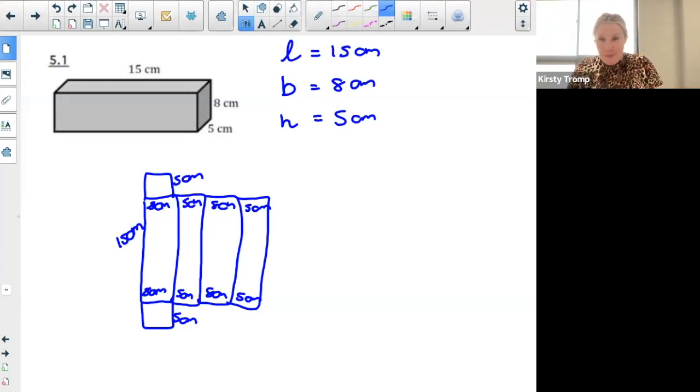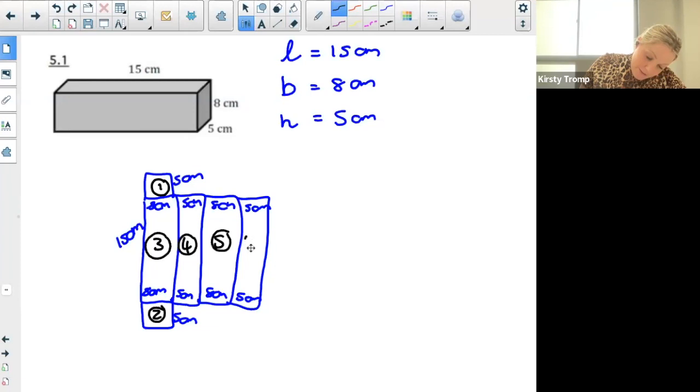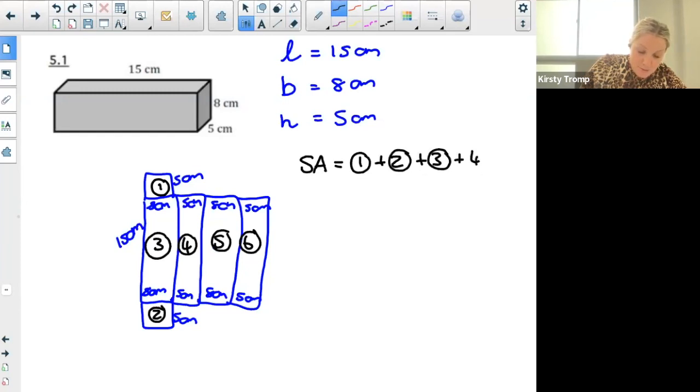Okay, so now I tell myself this is block number 1, block number 2, number 3, number 4, number 5, and number 6. And I can say that surface area equals 1 plus 2 plus 3 plus 4 plus 5 plus 6. So to get the surface area, I need to add up the area of all 6 of those, guys.